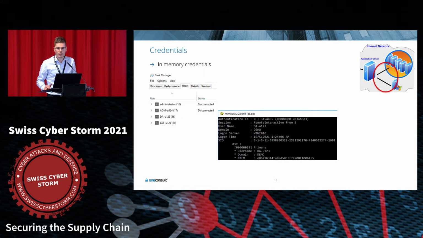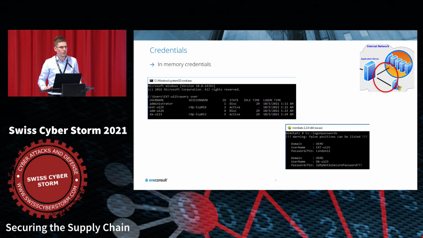In the default setup, it is possible to dump the NTLM hashes, which are equivalent to a password and can be used to remotely access this device from another machine. And as long as we have users connected over RDP or running a process on this device, it's possible to get access to such credentials.